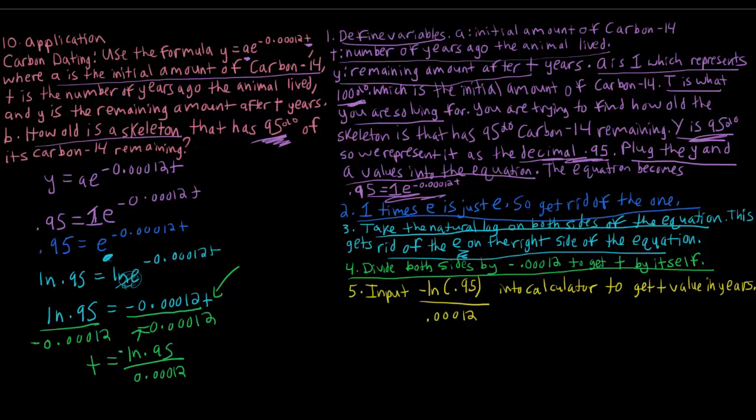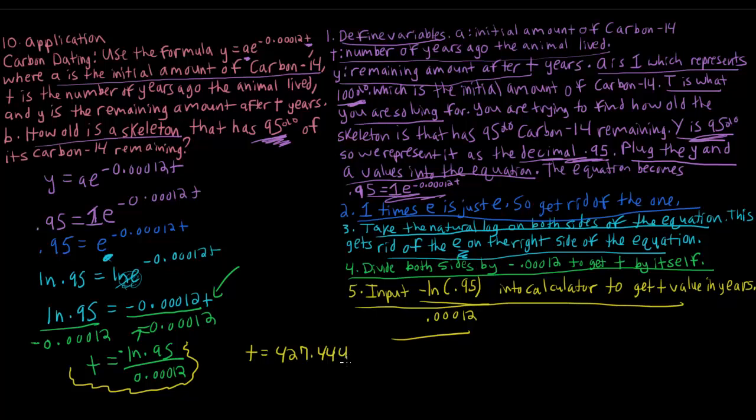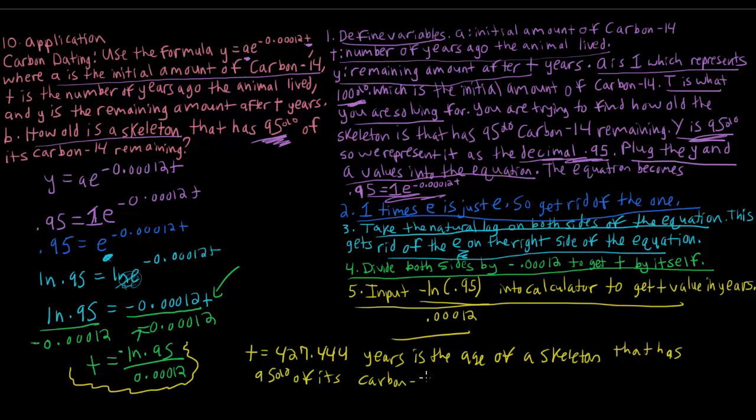So just like it says in step 5, if we input this equation right here into our calculator, what we're going to get is our value for t, and t ends up being equal to 427.44 years, which is the age of a skeleton that has 95% of its carbon 14 remaining.